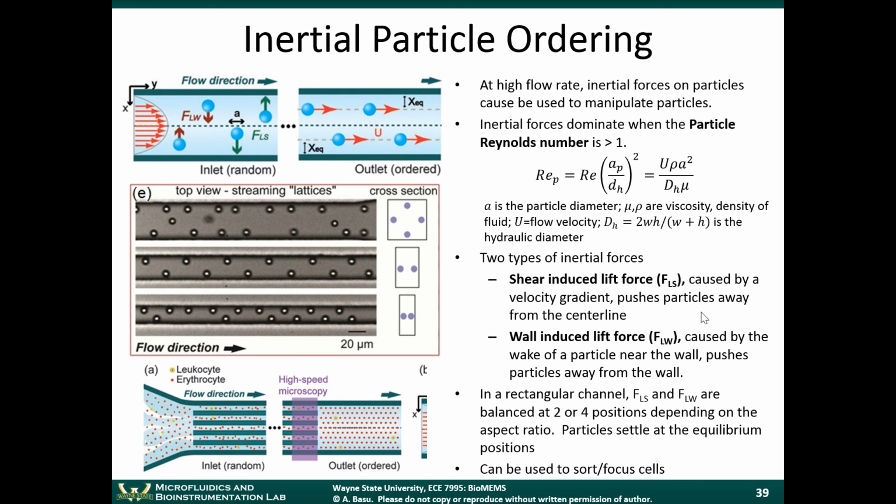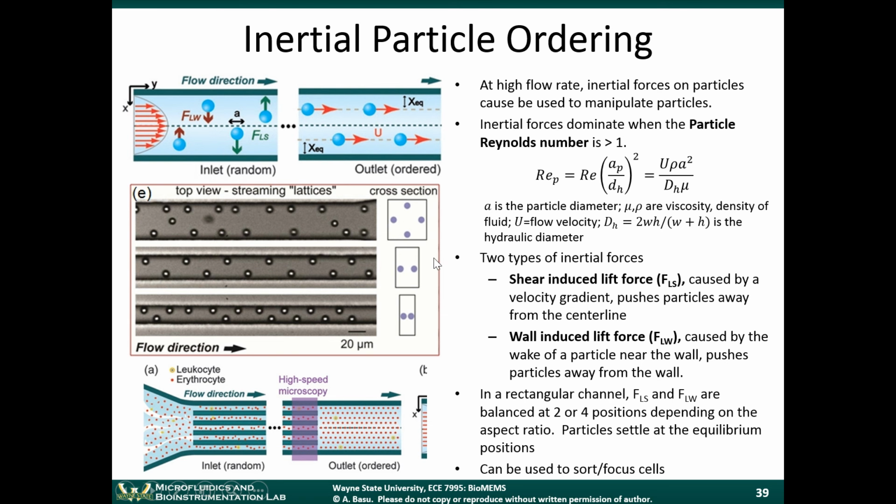In a rectangular channel, the situation becomes more interesting. There's actually more equilibrium positions. In this example, you can see that there's 4 different equilibrium positions where the shear-induced lift force is balanced by the wall-induced lift force. And those equilibrium positions depend on the cross-section of the channel. If you have a square cross-section channel, there's 4 equilibrium positions.